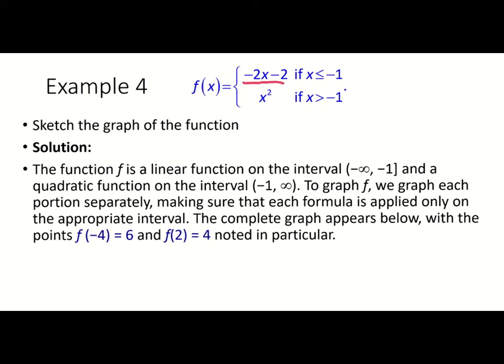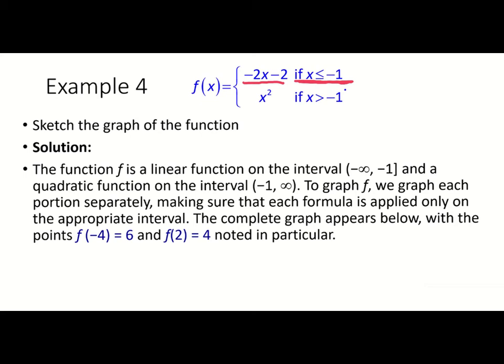And this function works if x is less than or equal to negative 1. So what that means is for any value that you plug in for x, it has to be less than or equal to negative 1. So I can plug in negative 1, negative 2, negative 3, negative 3.5. I can't, it's undefined or it doesn't exist if I plug in values greater than negative 1.